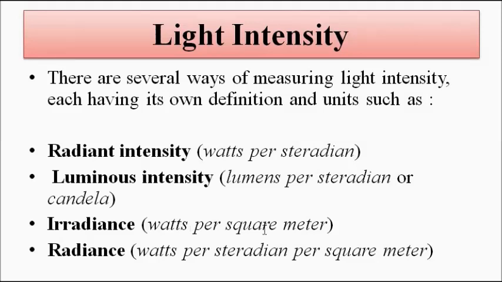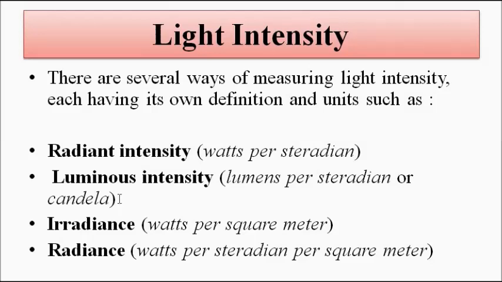Irradiance, watts per square meter, and radiance, which is watts per steradian per square meter. Basically you will come across luminous intensity, sometimes also called luminance, in case of television or image processing, where the term candela will come into play.